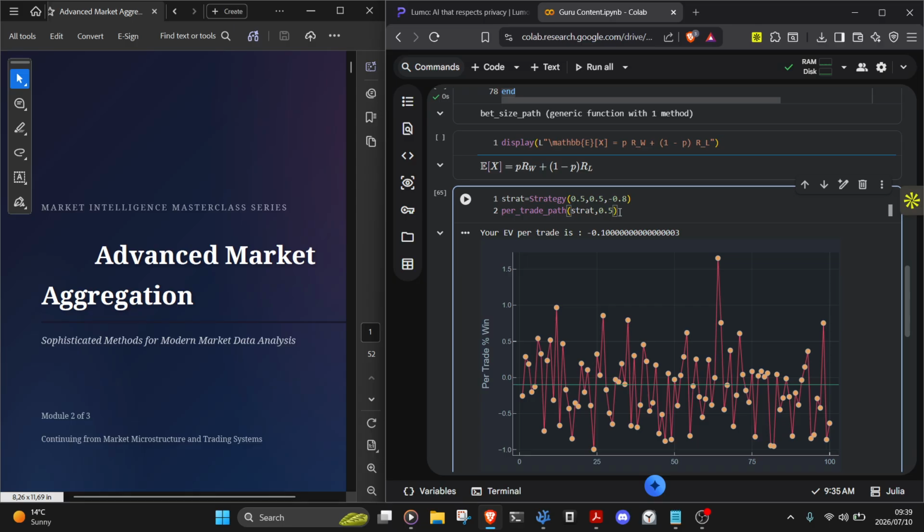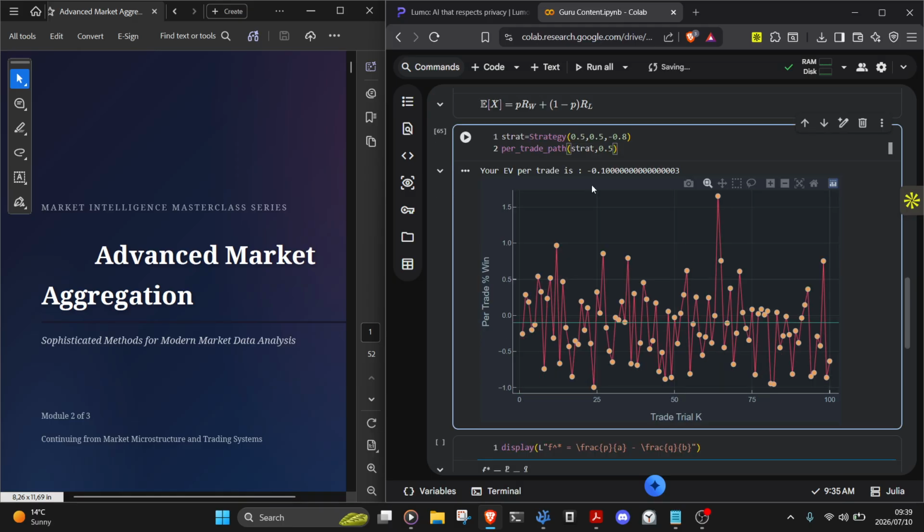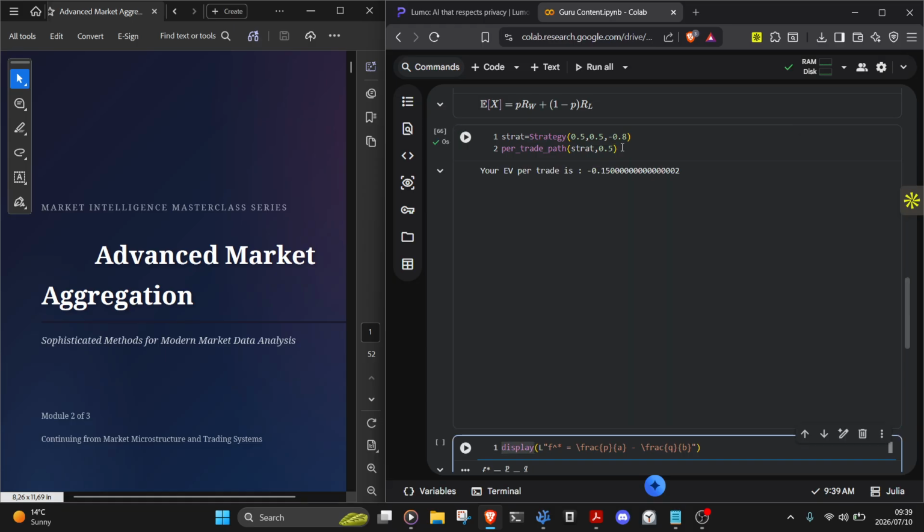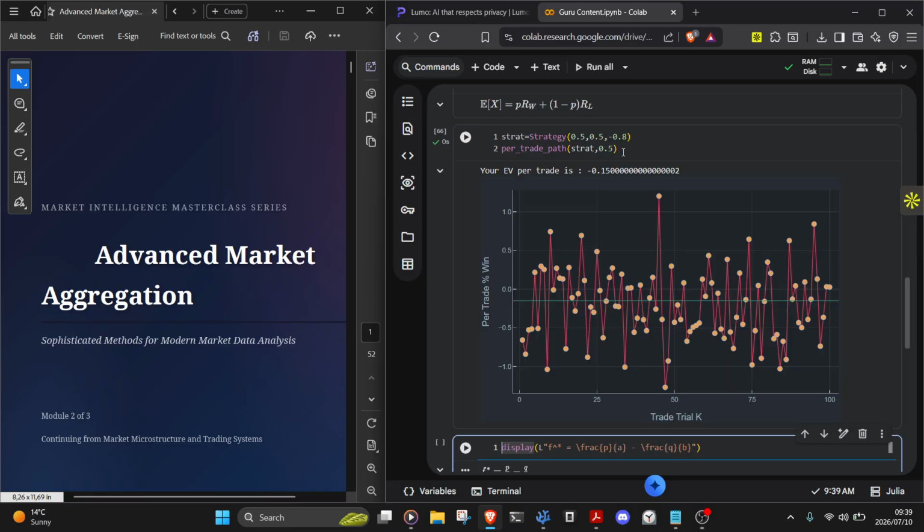Now, let's look at what your EV per trade is, and look at the path too. As you can see, your EV per trade is negative, more specifically negative 0.15, which means that if you put up $1, on average you should expect to lose 15 cents, right?